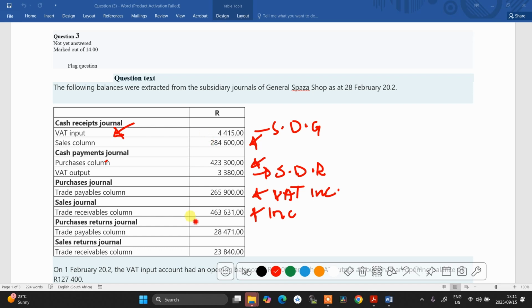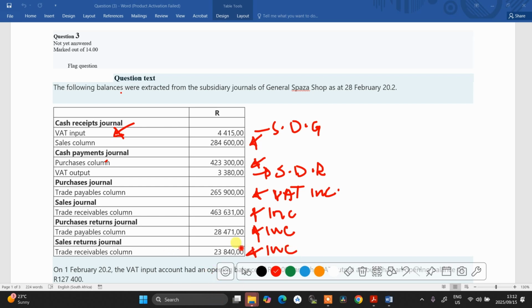Okay, in terms of the purchases returns journal, we are given the trade payables column, which is also VAT inclusive, and in terms of the sales returns journal, we are also given the trade receivables column, which tells us that this information here is also VAT inclusive.